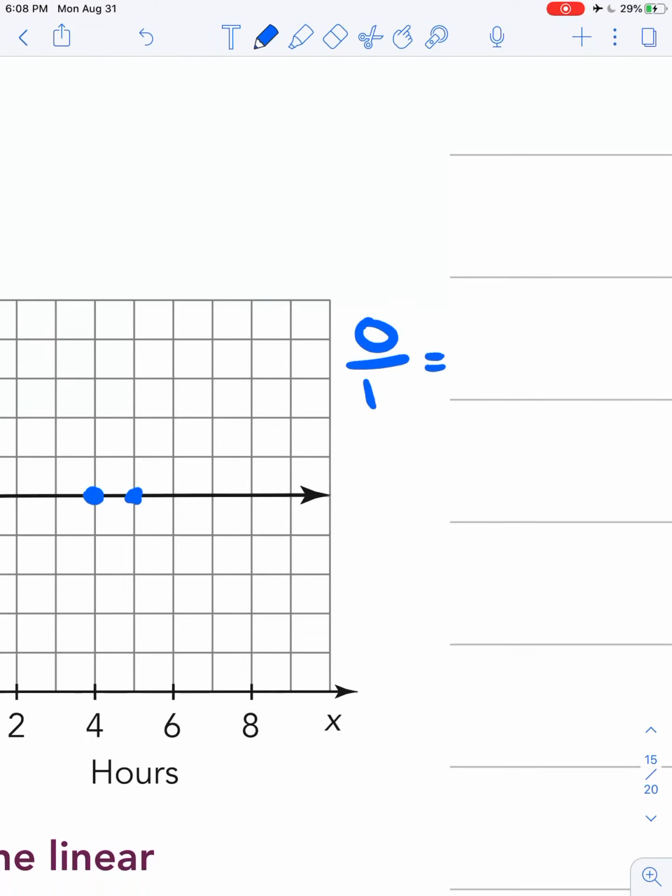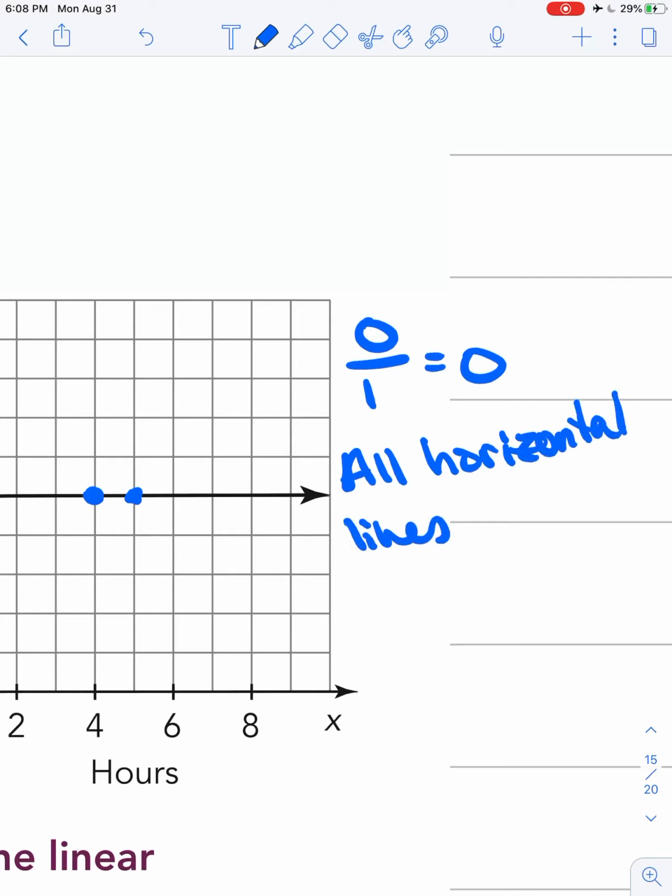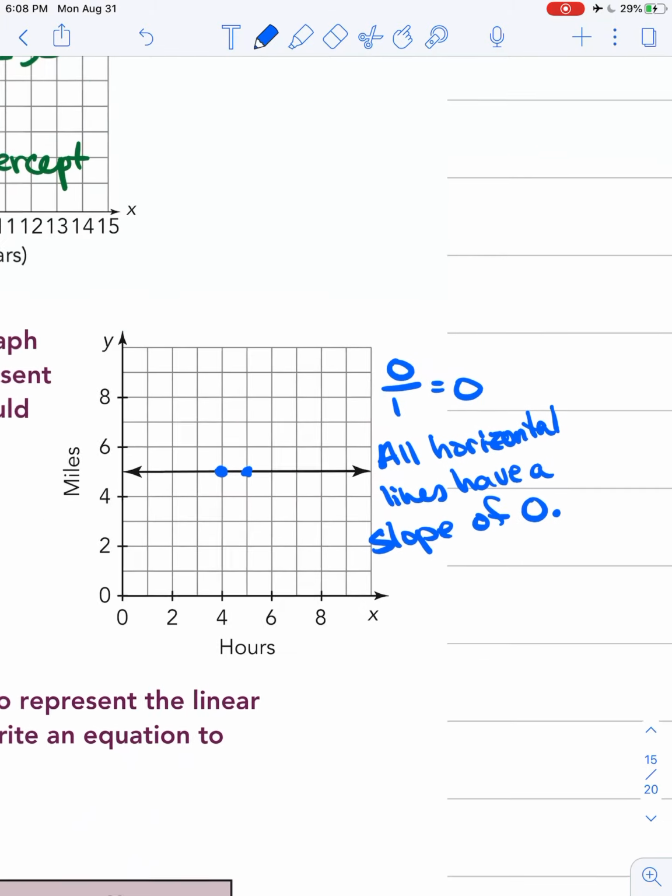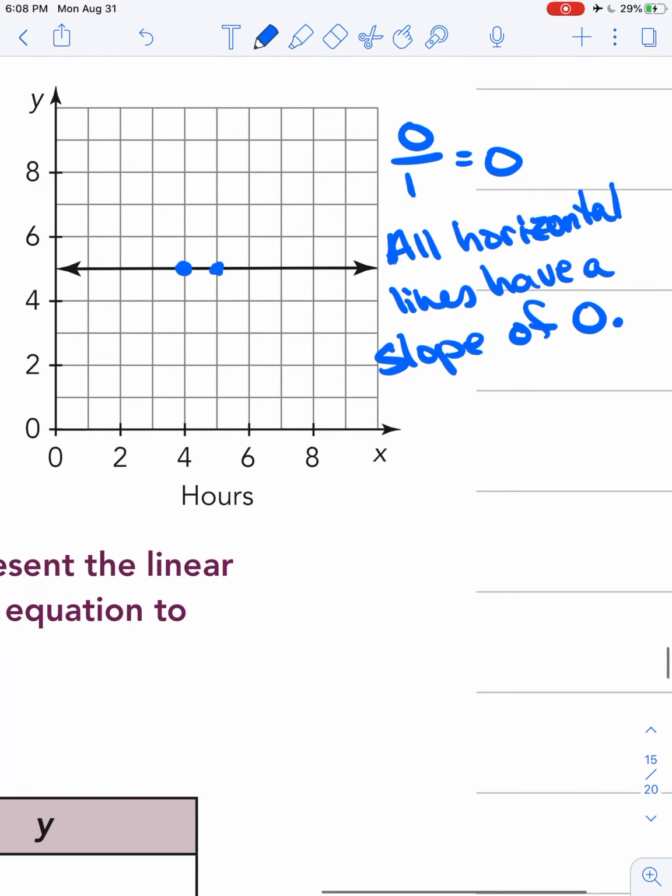Anything 0 over a number is 0. All horizontal lines have a slope of 0.